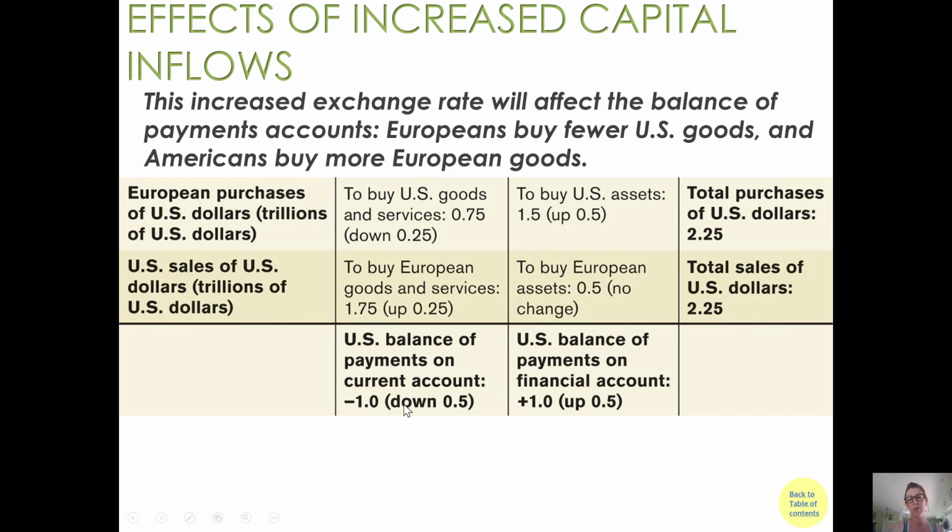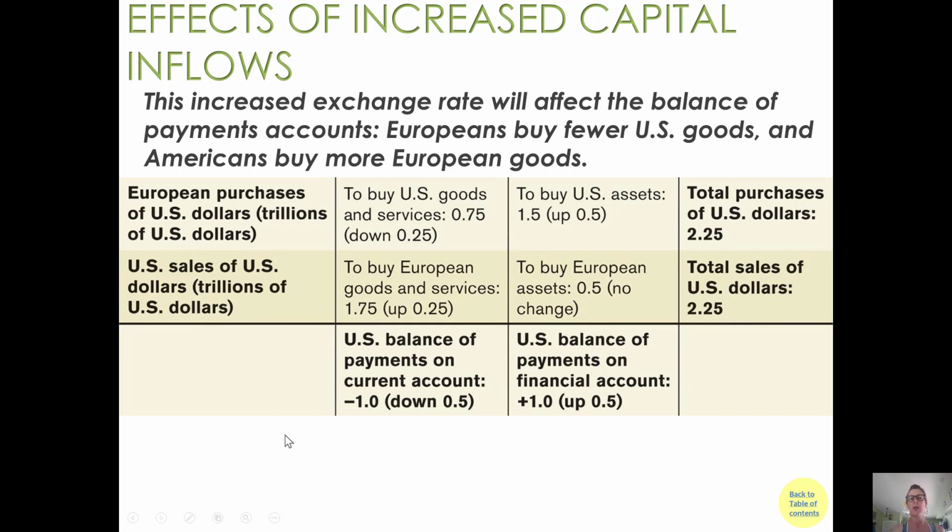Balance of payments on the current account. The change in the trade flows for goods and services is down by 1.0 to reflect the fact that we're now importing more and exporting less by $1 trillion. But to balance it out, on the financial account, we are importing more financial dollars.